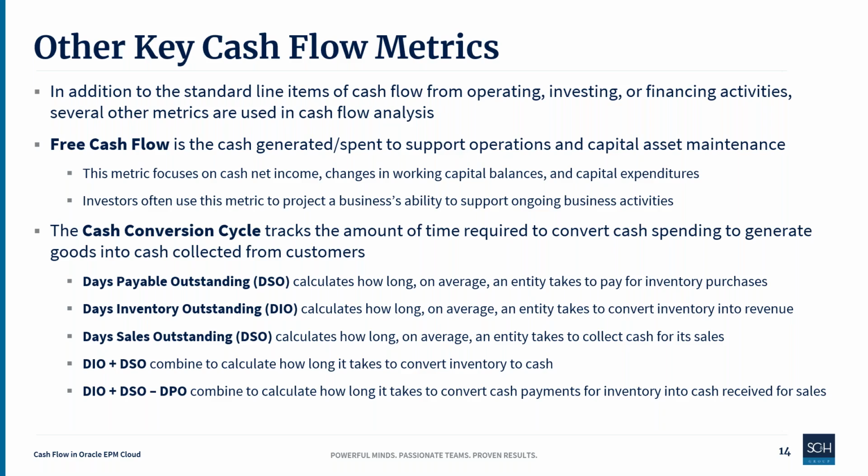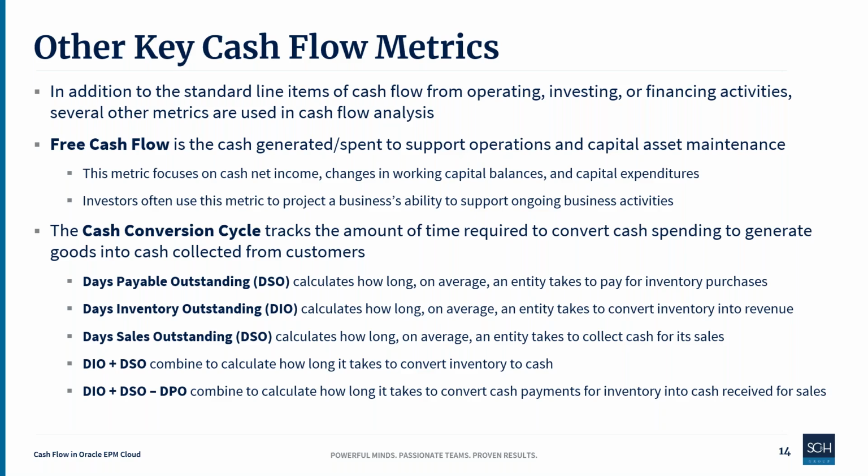And then on the flip side, your days sales outstanding is how long it takes from when you make a sale to collect the cash on your sales. So if you look through these, your DIO and your DSO, sorry, is how long it takes from when you have inventory to when you collect the cash on it. So it's inventory to sales and then sales to cash.